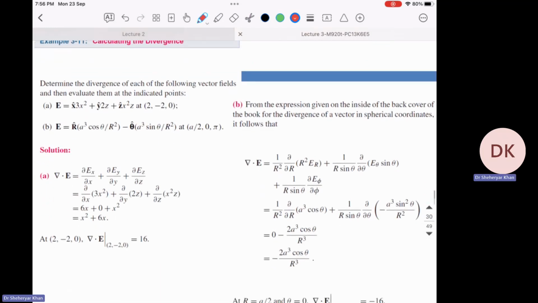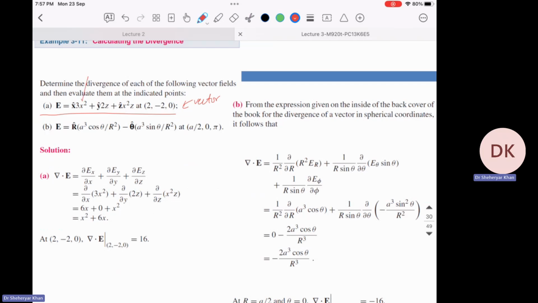Let's do a small question regarding the divergence, and after that we will do a very important question regarding the exam. If you are given a vector field E, remember, this is a vector: 3x square, 2z, and x square z.